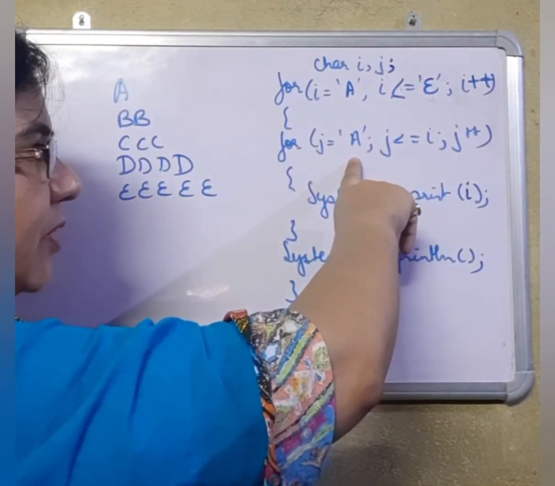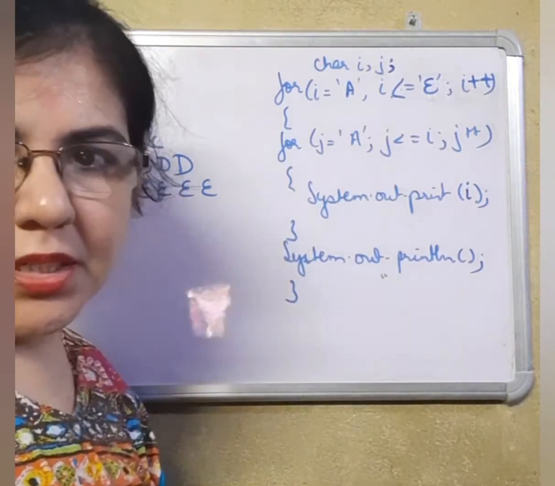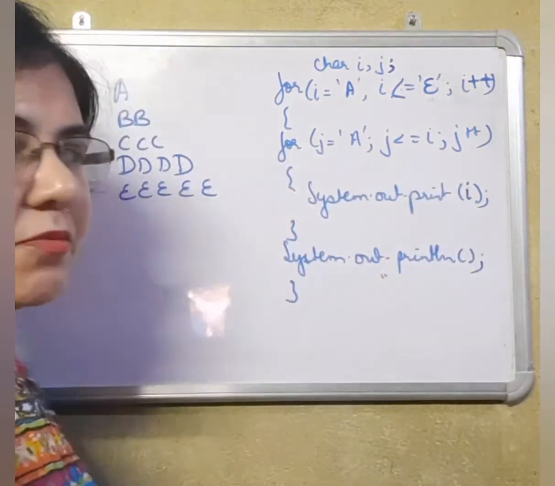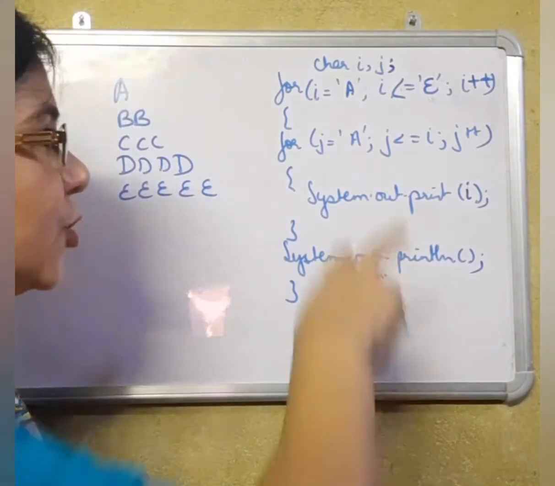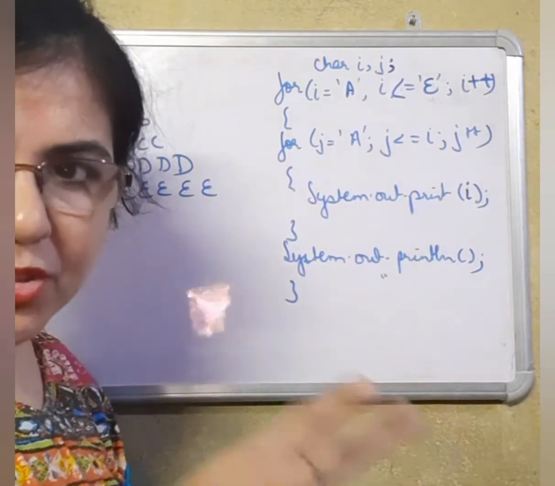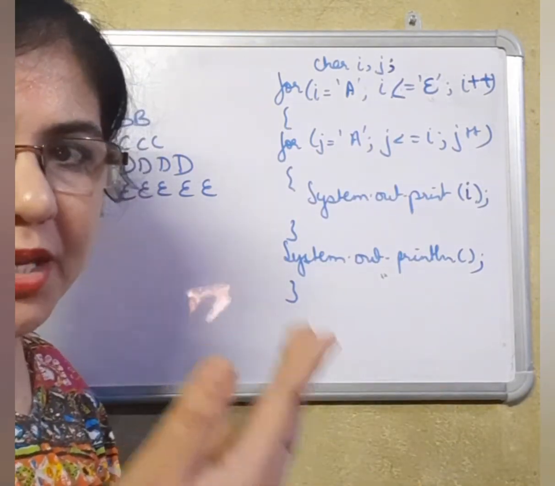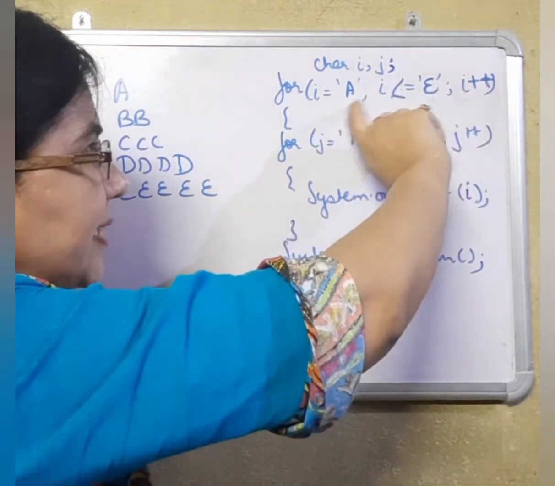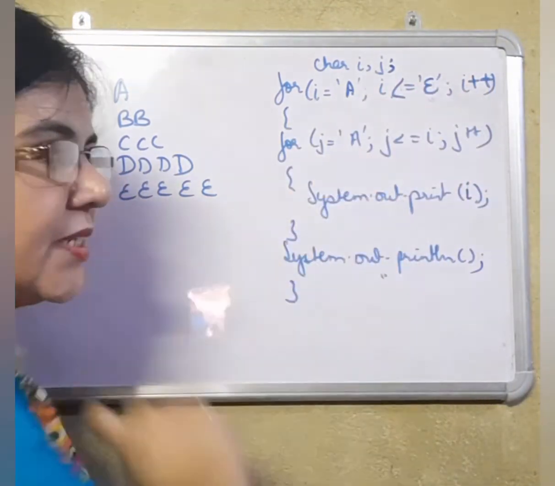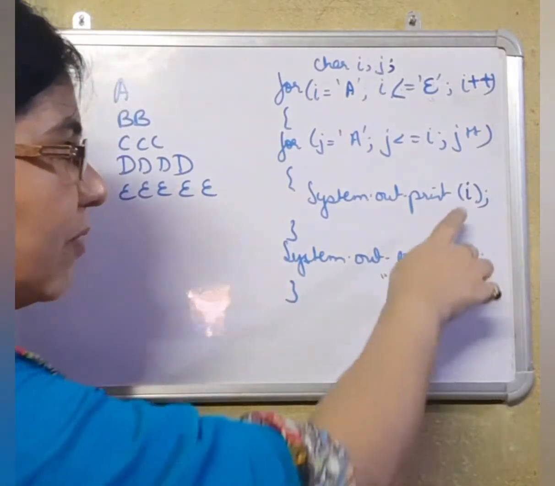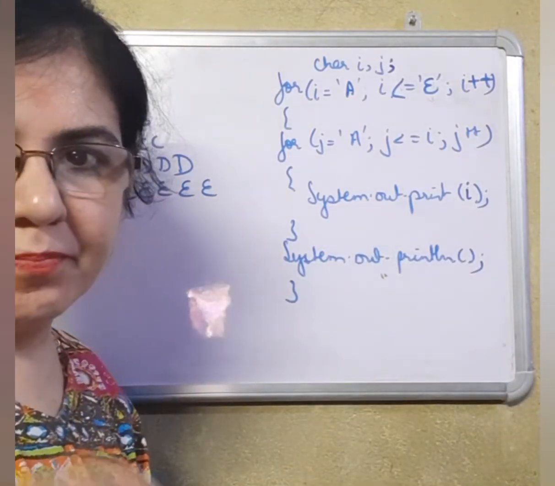J will start with A less than or equal to B. This is true. But what is the present value of I? B. So when J is going to run from A to B, two times the same value of I, B, will be printed. Then I becomes C, less than or equal to E, J will start from A till C. Three times it will run and three times the same value of I, C, will be printed.